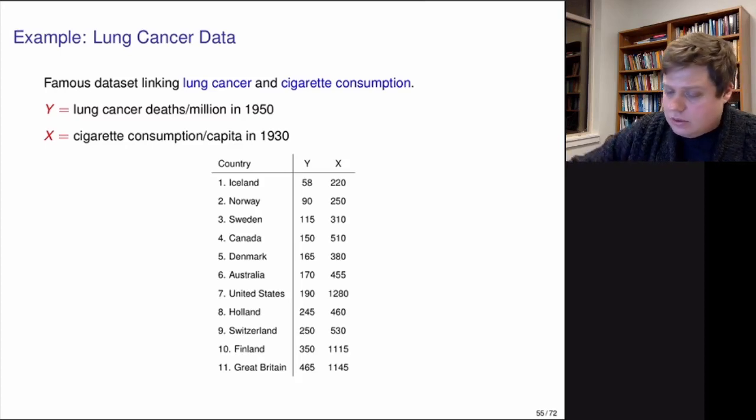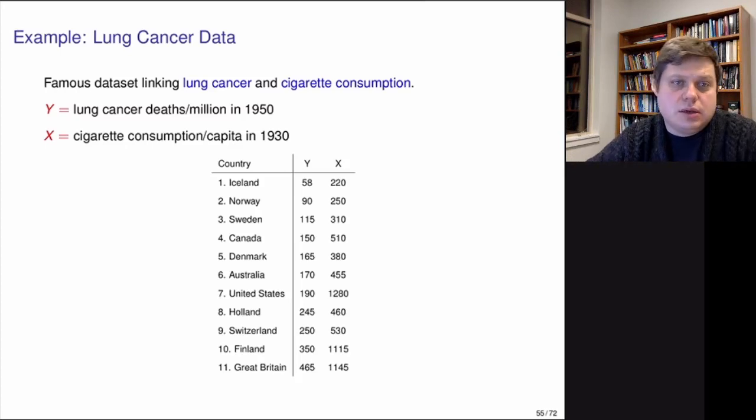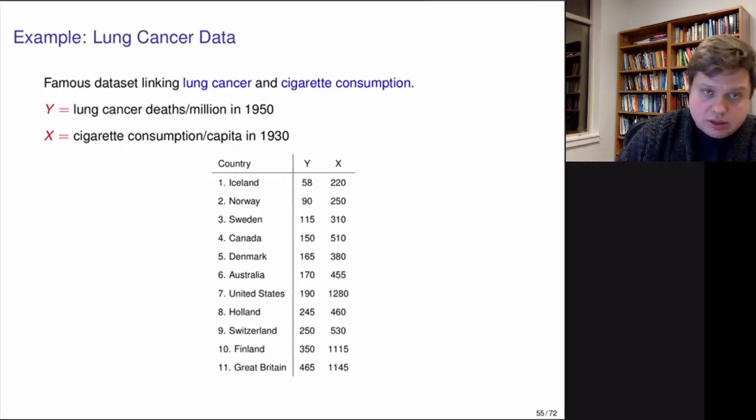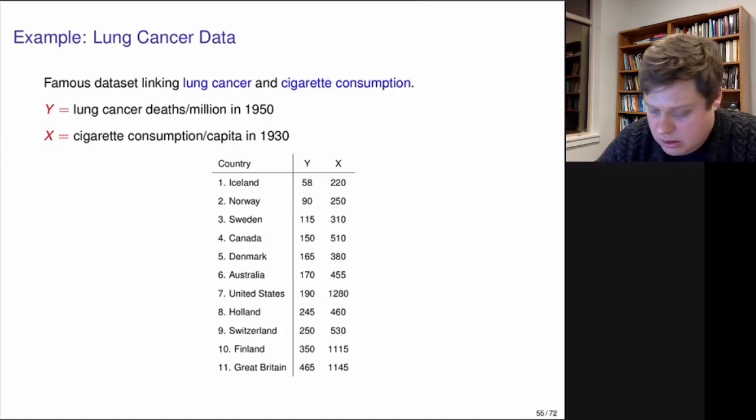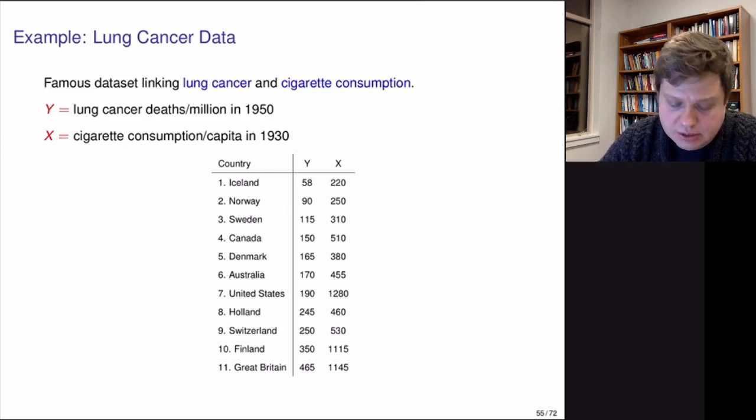Okay, so let's look and practice those concepts with a specific example. We will look at the lung cancer data, and this data was collected in the last century. The purpose of the analysis is to understand whether there is a relationship between the cigarette consumption and the lung cancer.